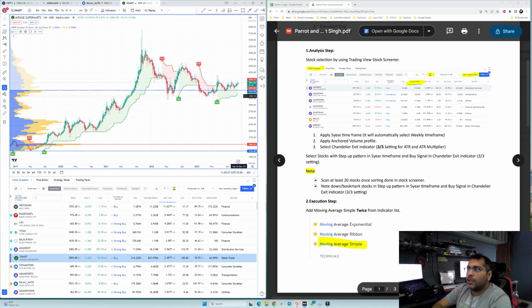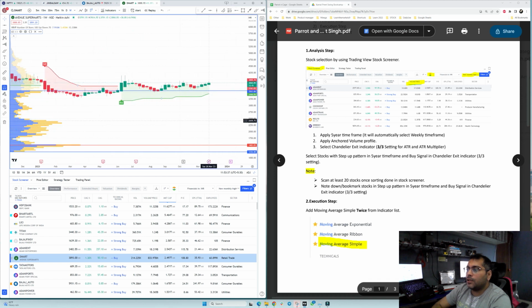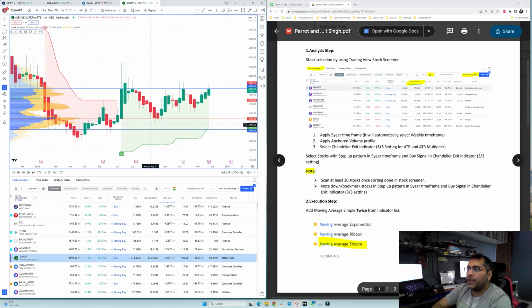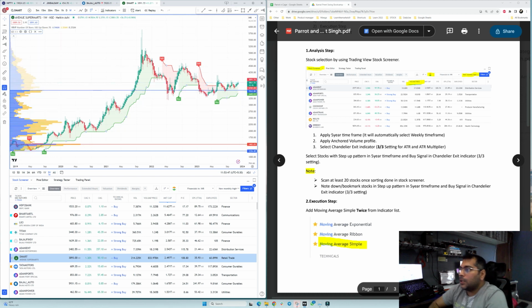If you would see, the criteria was to identify the signal line, so here let's just zoom in a bit. Just a moment. 5 years. Okay. So signal line, this was a signal candle.